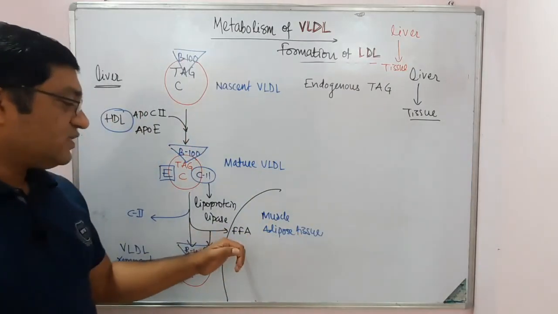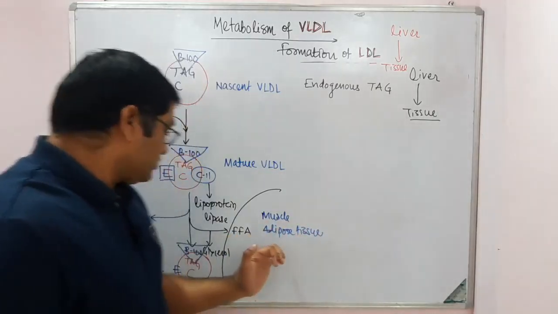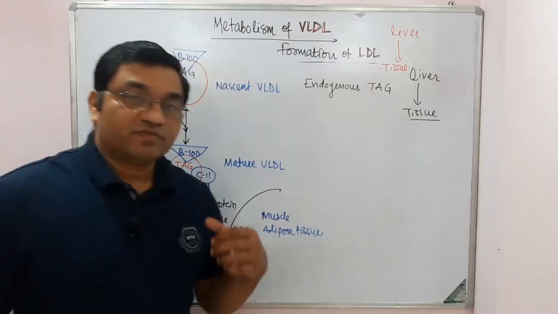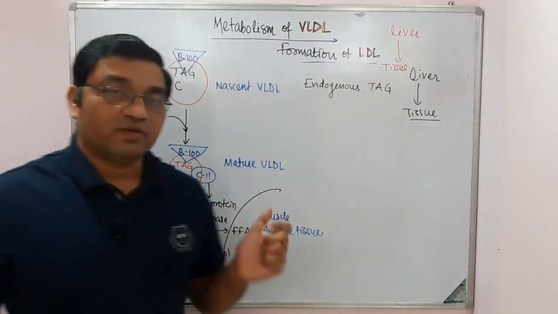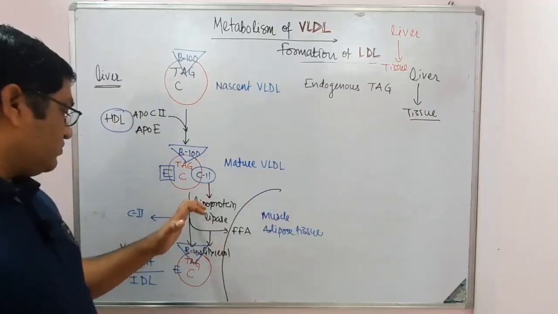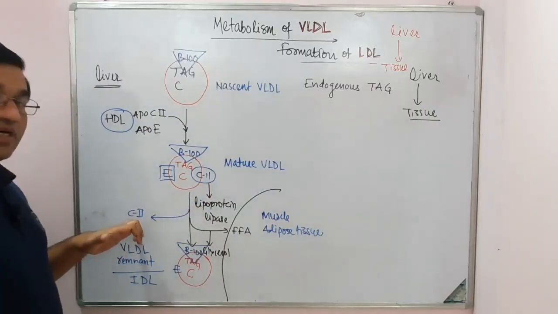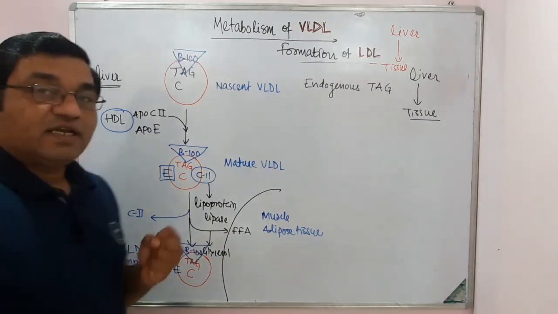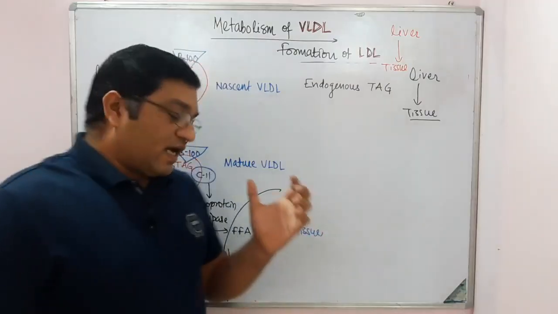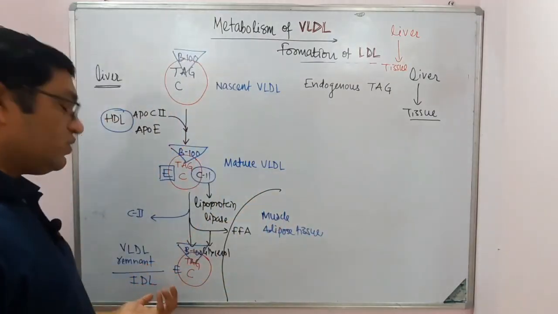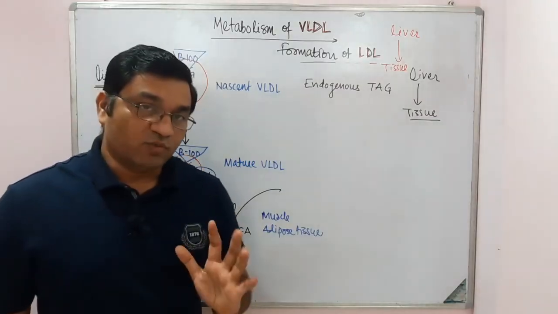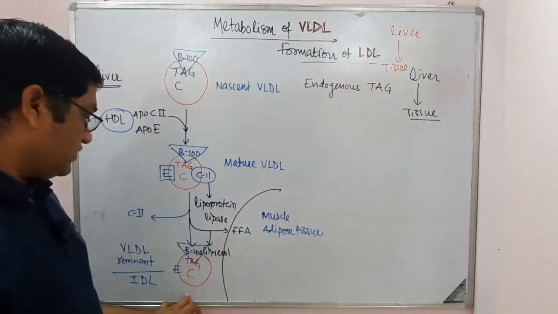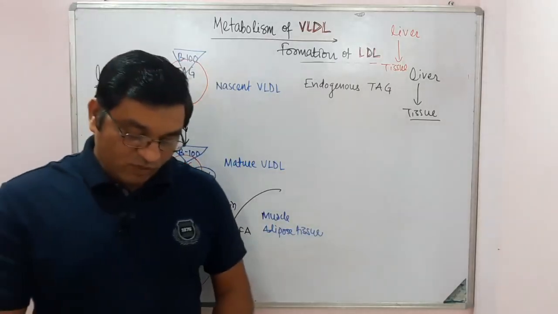The free fatty acid is utilized by the peripheral tissues, and glycerol is taken up by the liver for further metabolism. By giving back ApoC2 to HDL, it is converted into VLDL remnant, which is also known as intermediate density lipoprotein.